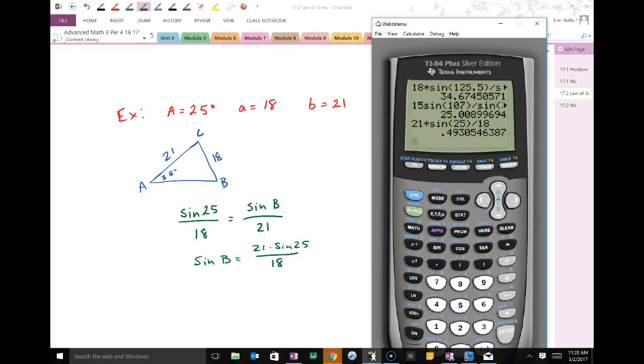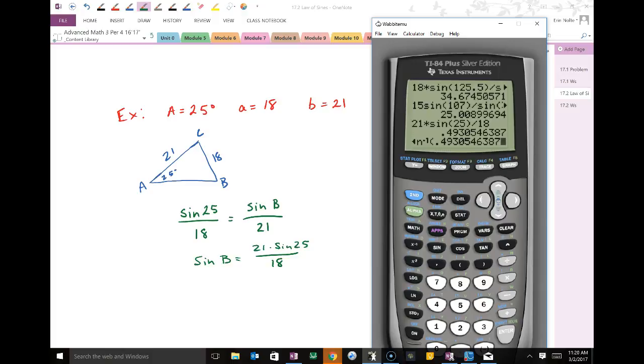Remember, I'm looking for an angle. Anytime I'm looking for an angle, I have to use inverse. So watch how I type this. I'm going to do second sine. If you use the arrow buttons and just push up, I can highlight the stuff that was already there and hit enter and it will bring it back down. That way I'm using the exact value as opposed to just typing in 0.49, which is an estimated value.